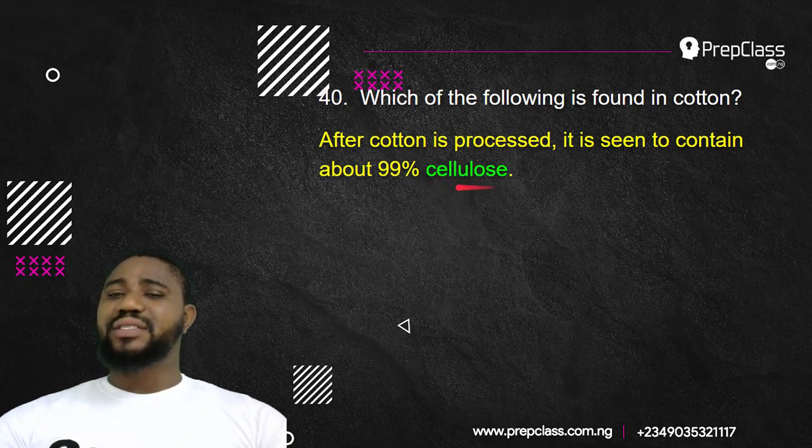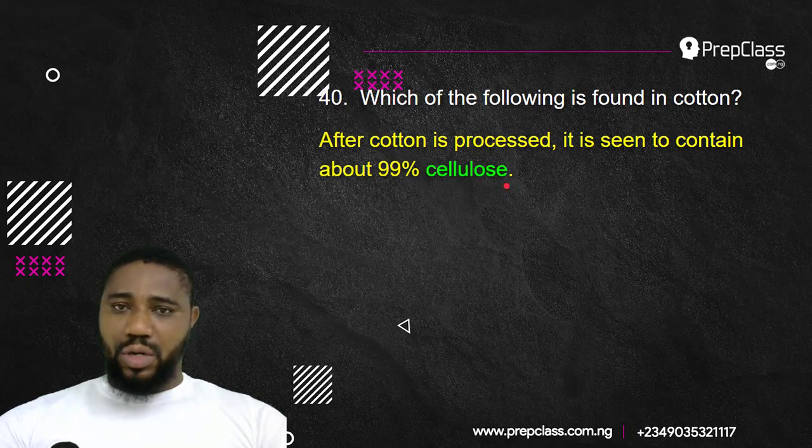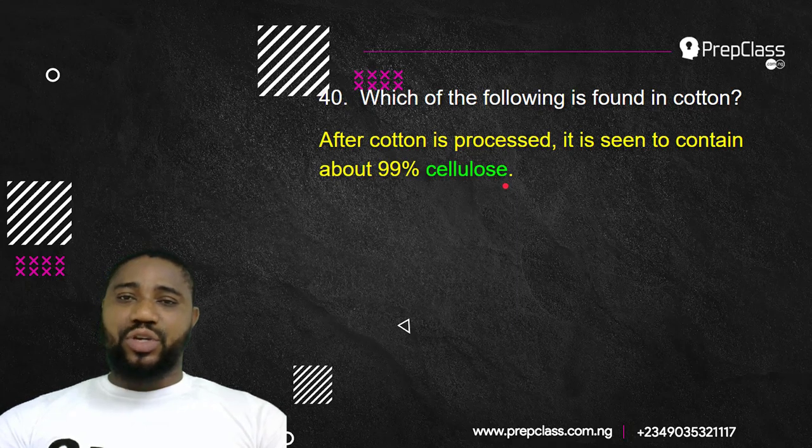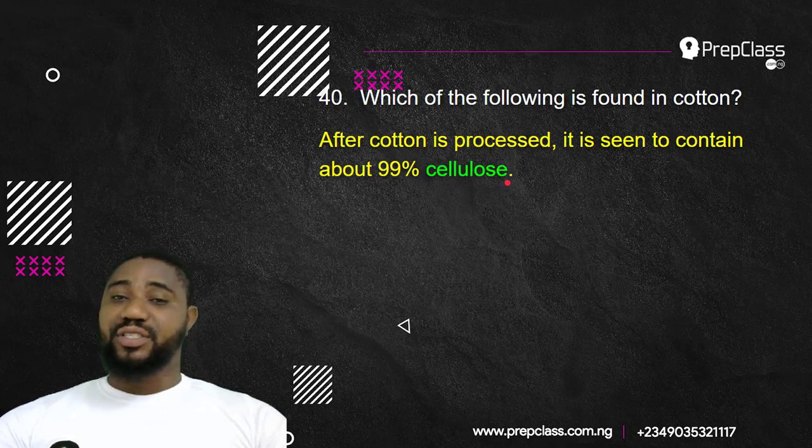Remember that cellulose is the strengthening material found in plants that strengthens the cell wall. That is why sometimes when we eat food full of vegetables, you still see those vegetables in the water closet, because our system has no enzyme that can digest cellulose and break it down into glucose.